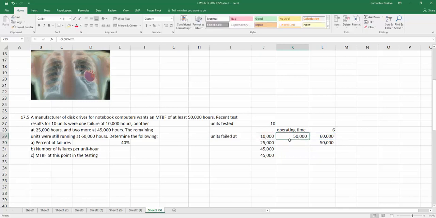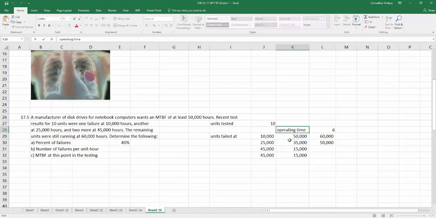So it worked for 50,000. The second one similarly worked for 35,000 hours before it failed at this time. Similarly, this one worked for 15,000 and 15,000. Yeah. Sorry, my bad.